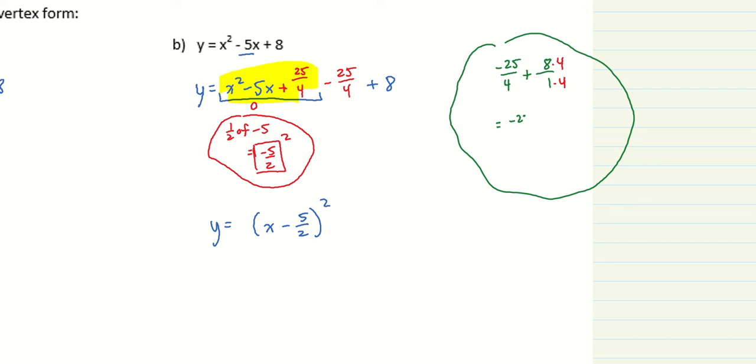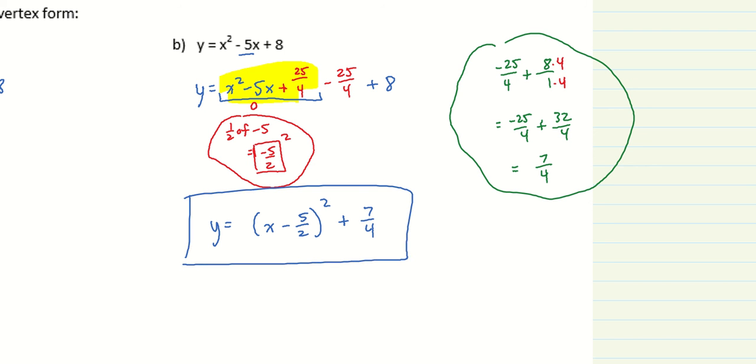So that would be negative 25 over 4 plus 32 over 4. If we combine 32 and negative 25, those integers, we get positive 7 over 4. So those things at the end combine to positive 7 over 4. Okay, so there's the vertex form done by completing the square.